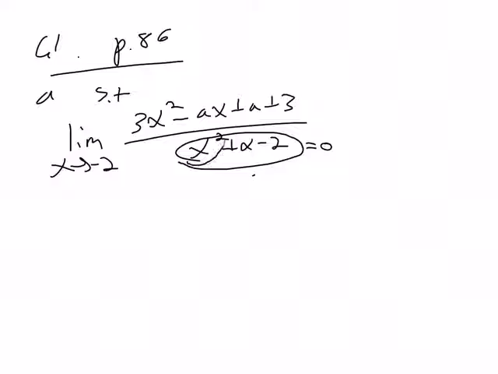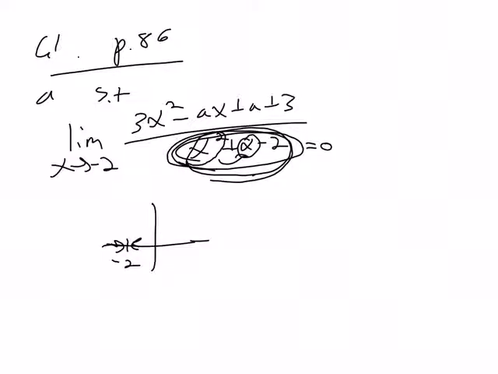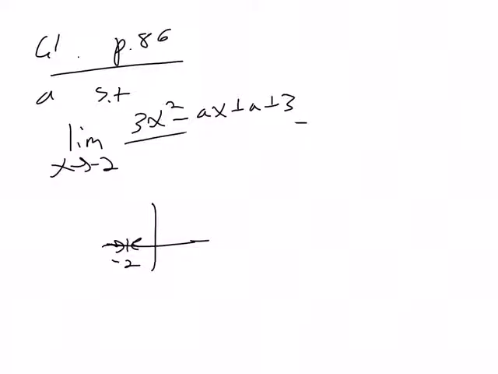Depending on whether you come from the left or the right as you approach negative 2, sometimes this whole number will be negative, and sometimes positive. If it was only positive, then we might have a limit going to infinity. But now we have the denominator going to 0, slightly positive from one side and slightly negative from the other.